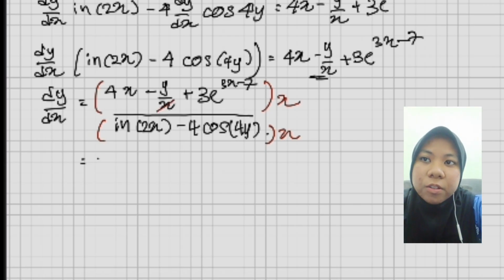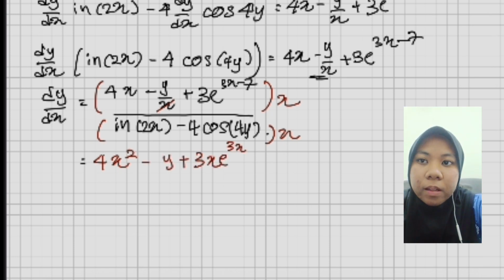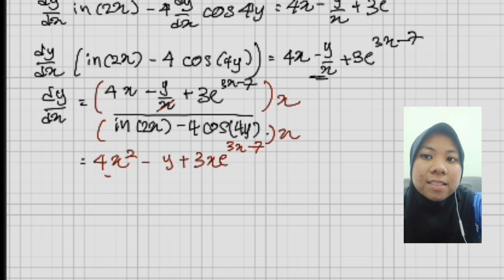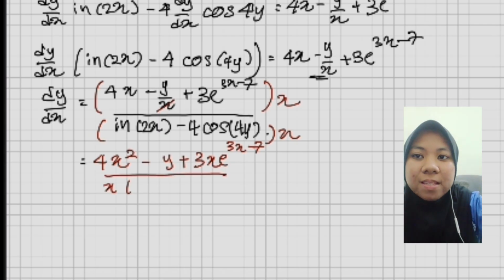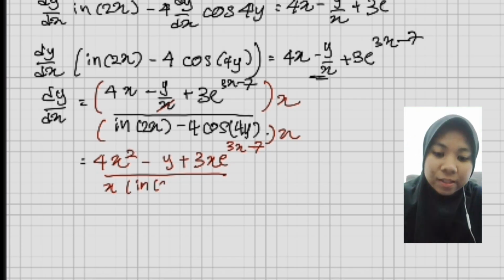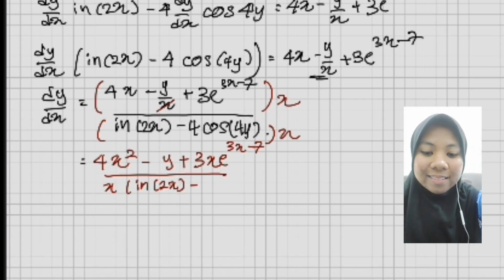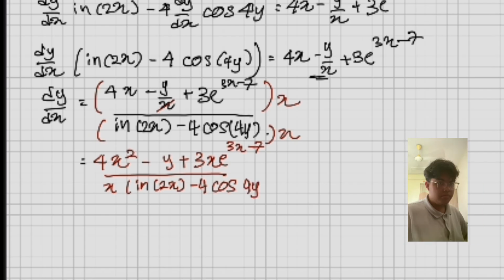So after multiplying we get 4x to the power of 2 minus y plus 3x e to the power of 3x minus 7 over x open bracket ln 2x minus 4 cos 4y close bracket. That's all the answer we will get, and that's it.